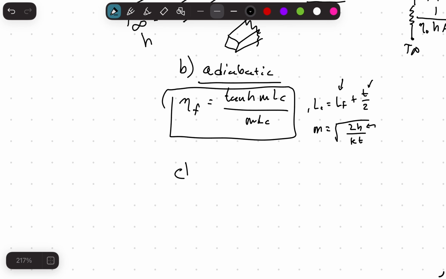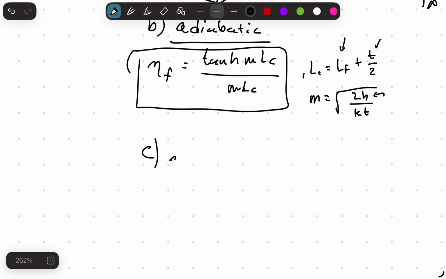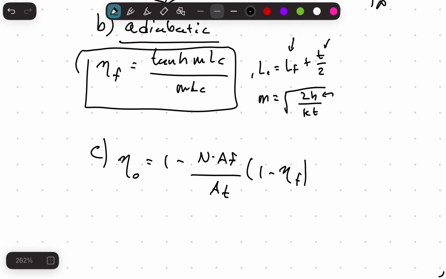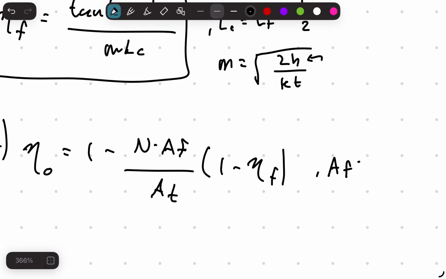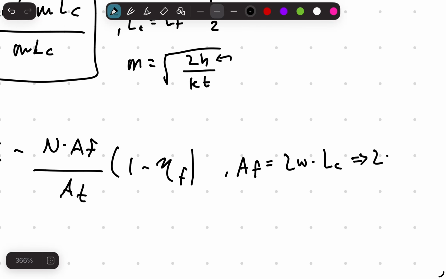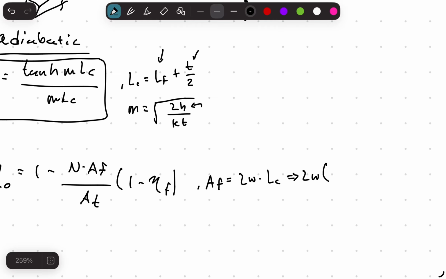And for part C, you're using an equation from your equation sheet once again, and that's 1 minus number of fins times area of the fin divided by the total area times 1 minus efficiency of a single fin. So area of a fin, that's provided on your equation sheet, which is 2 times width times characteristic length, where characteristic length is, of course, from up here, so the LF plus t over 2.